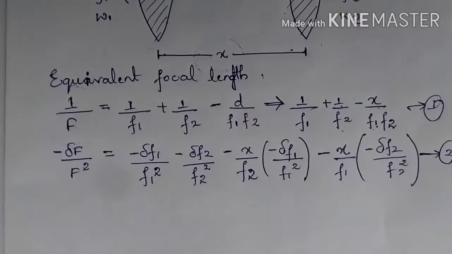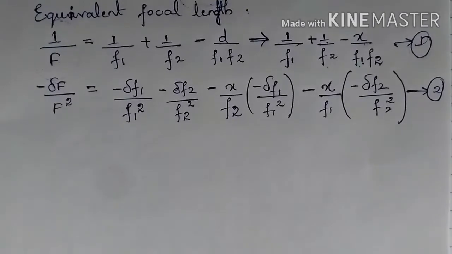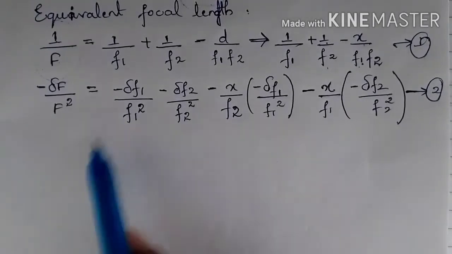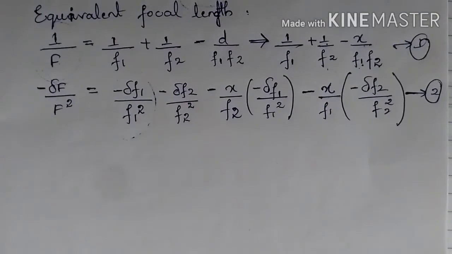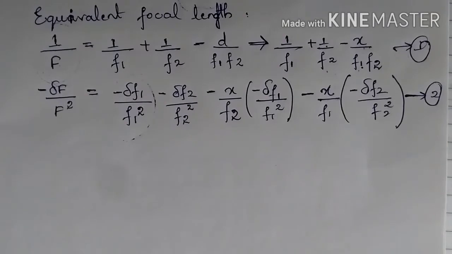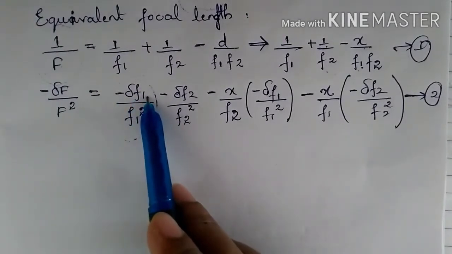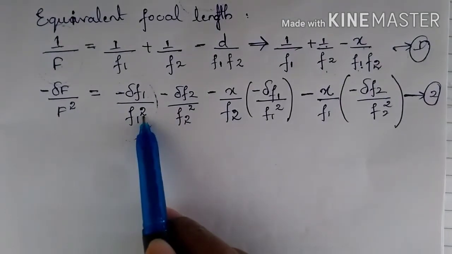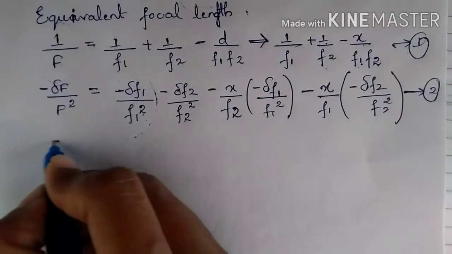So here in this equation you have minus dou f1 divided by f1 square. Let us take this term here as omega 1 divided by f1. So what we are doing? We are considering minus dou f1 divided by f1 square as omega 1 divided by f1.